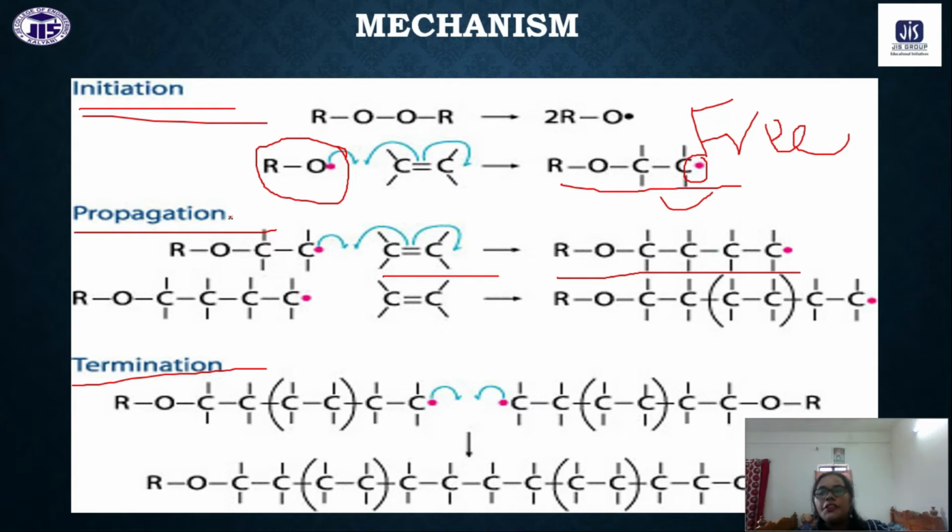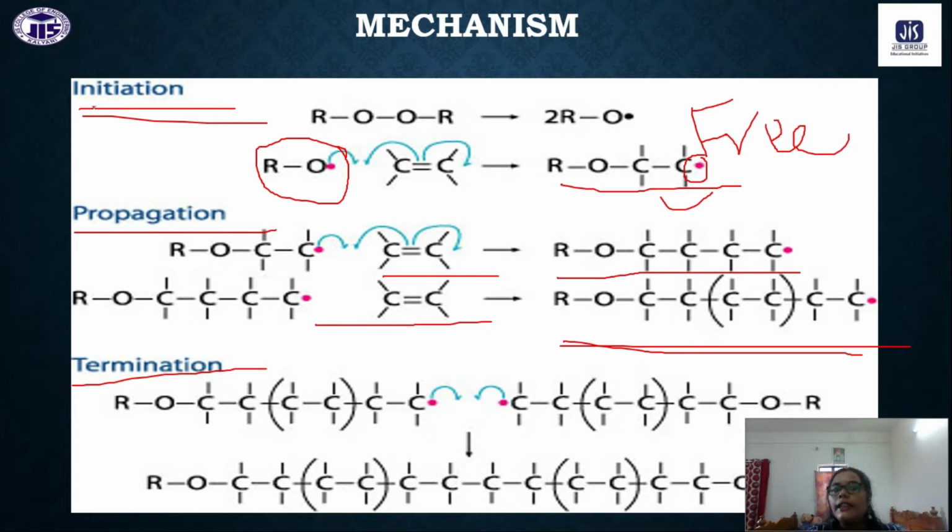Propagation goes on through the formation of free radicals. These free radicals again attach to another ethylene moiety and form another free radical. Now termination. Termination means that whatever free radicals we have attach with each other and make a huge molecule, and this is called the termination process.